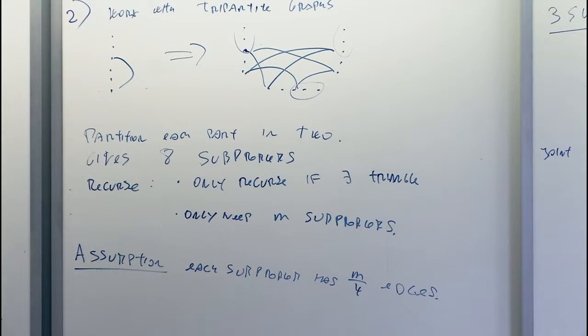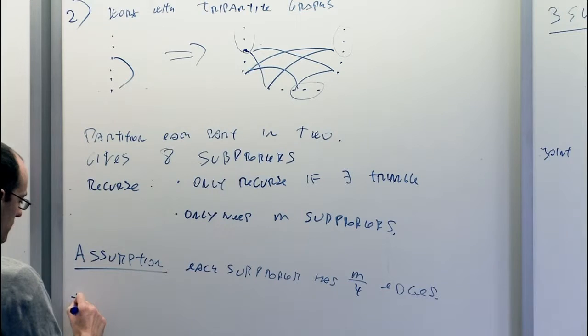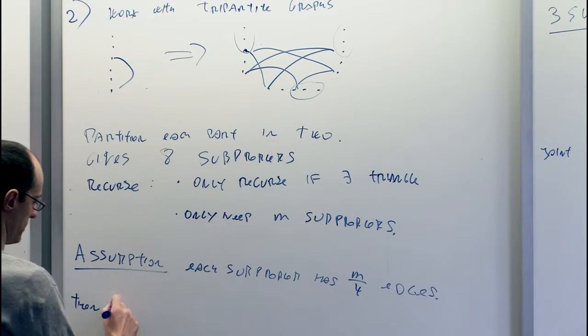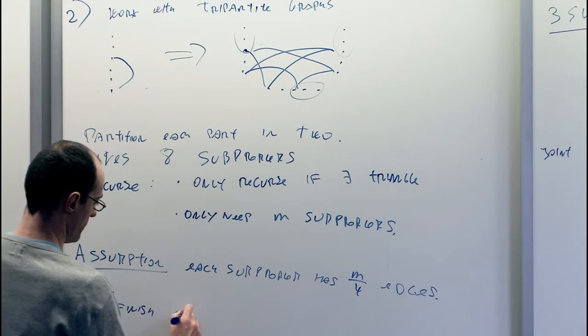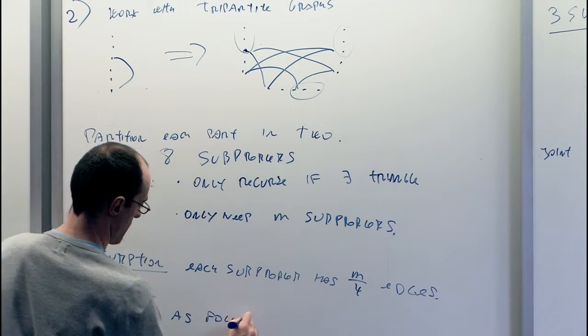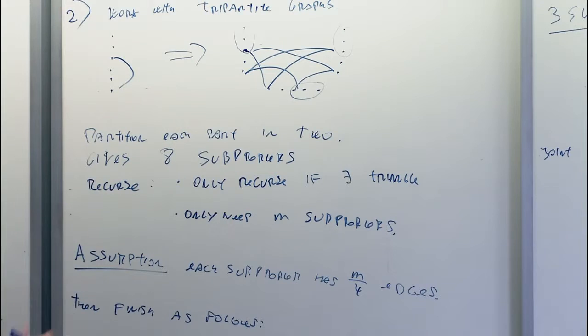I will tell you later how this can be ensured. In this case, you can finish the proof as follows. I just want to give you a sketch to give you a sense of how everything ties together.